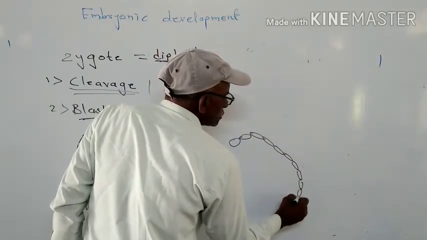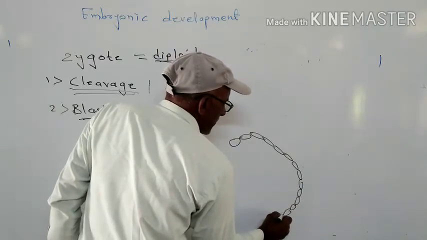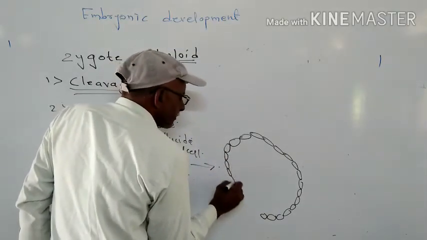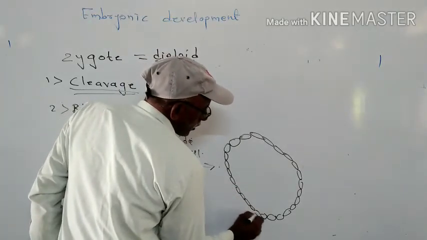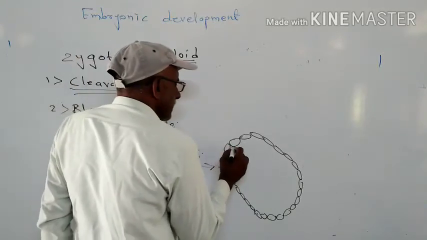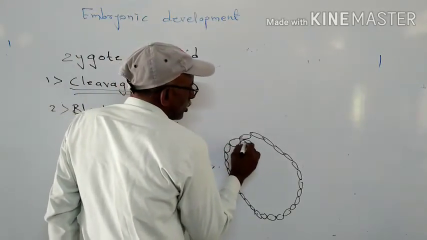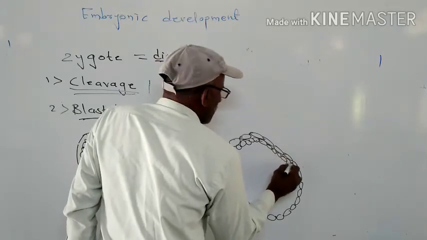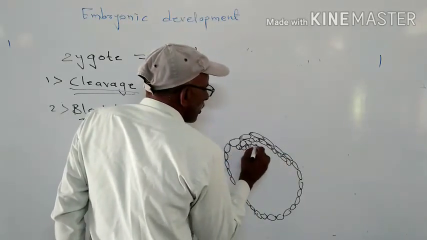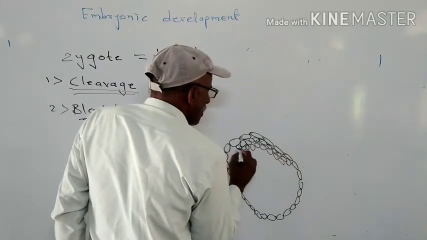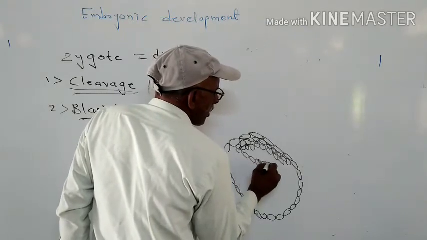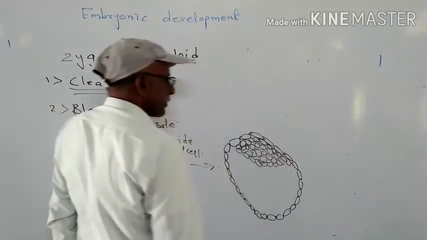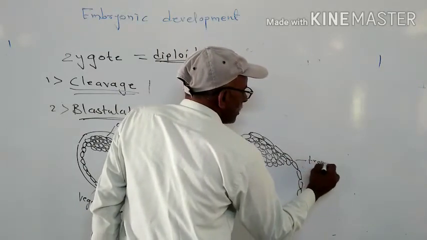The zona pellucida gets degenerated because of the pressure of the blastocele, because uterine milk enters into the blastocyst, and the trophoblast cells come out from the zona pellucida. These are the trophoblast cells.